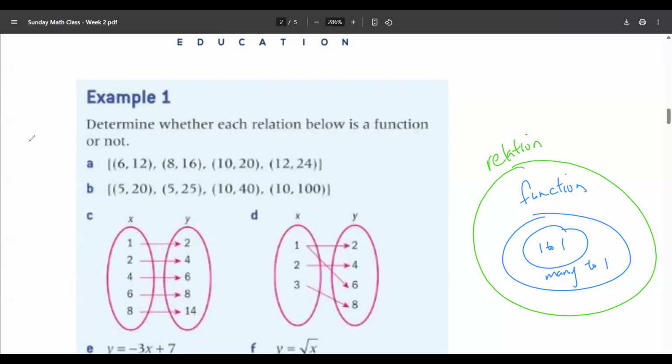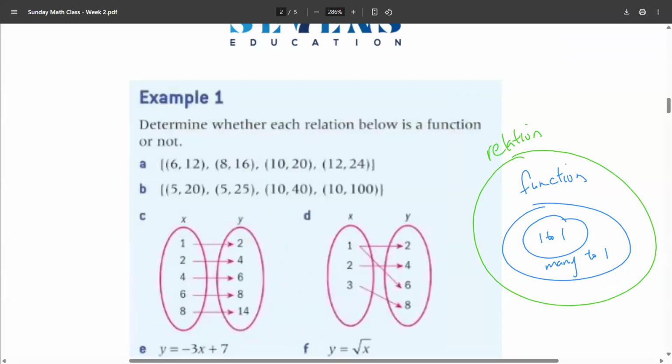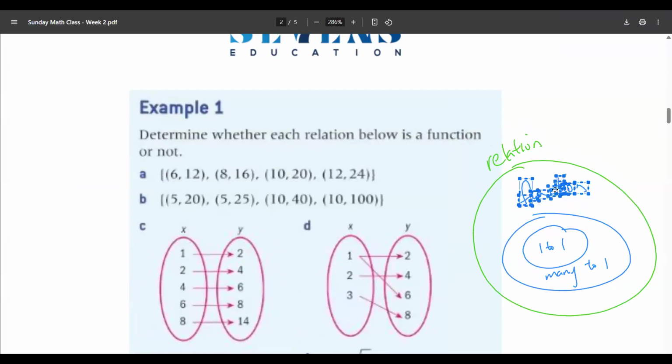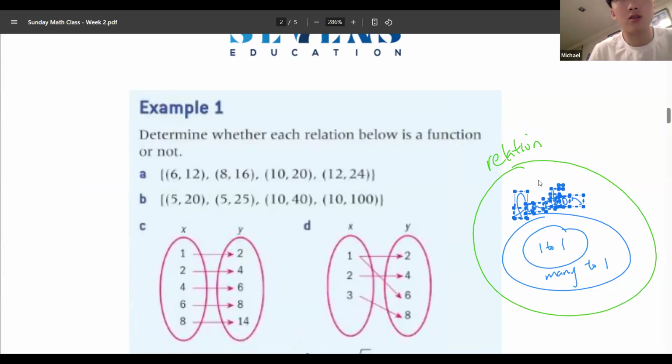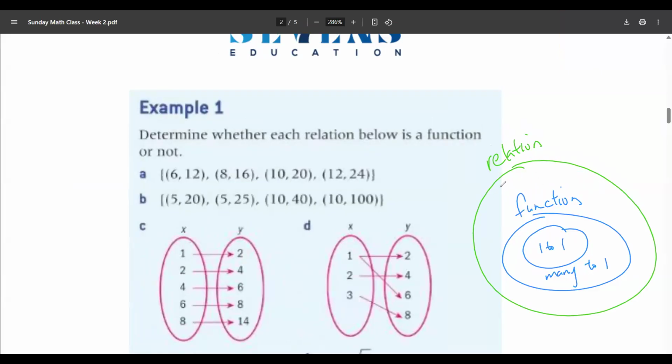Maybe I should move this. How do I move this down? So outside functions, this is called relation. And relation can be many to many or one to many, right?